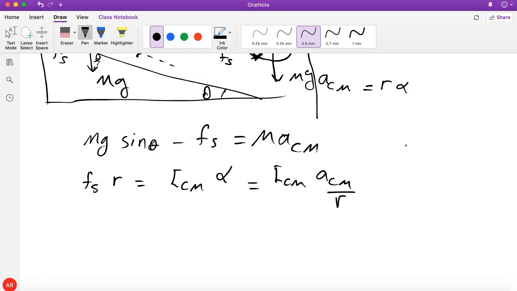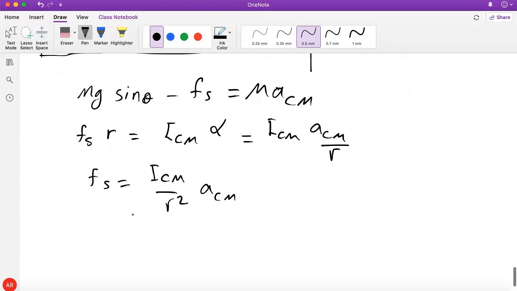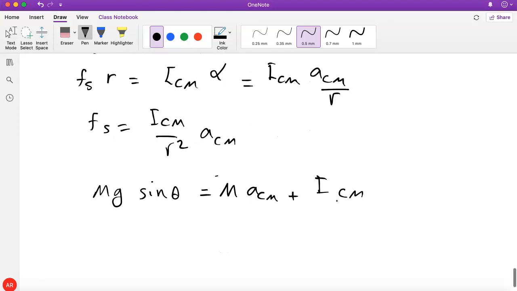Okay. Now we just divide this by r again, so we find Fs is ICM over r squared times ACM. And if I insert this expression for the friction force in my force equation, I find mg sine theta is m times ACM plus, I take this Fs to the other side, ICM over r squared ACM.